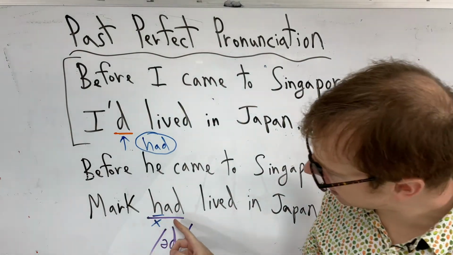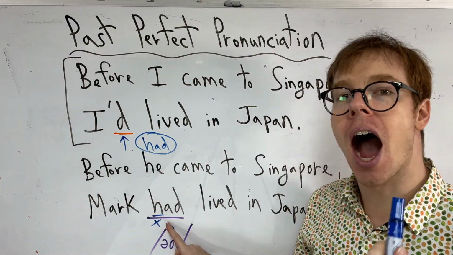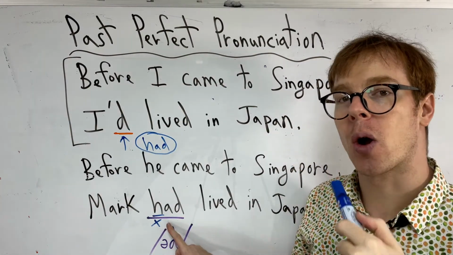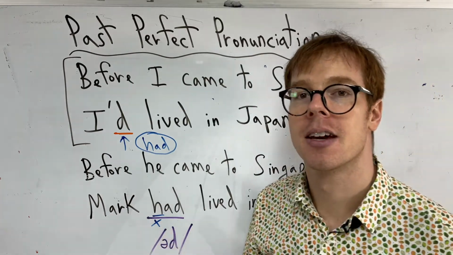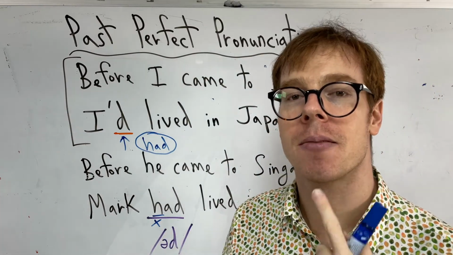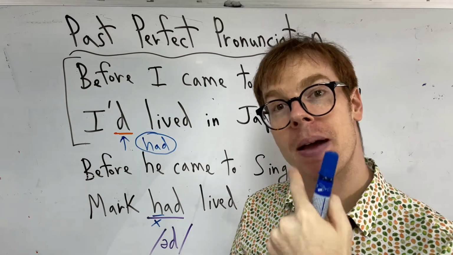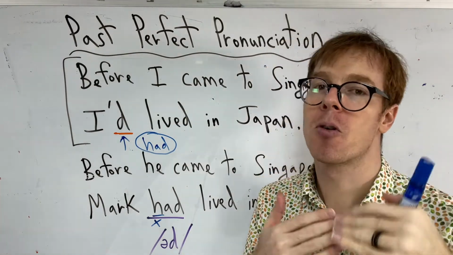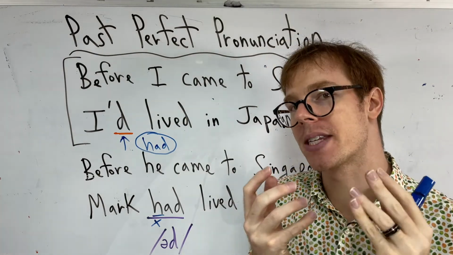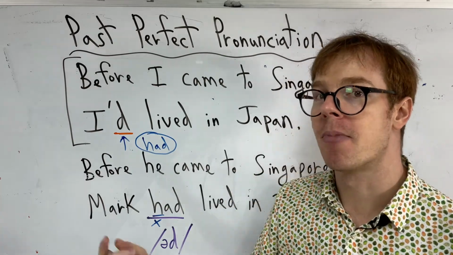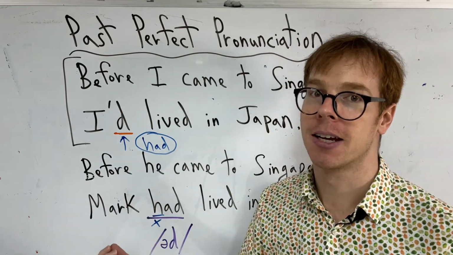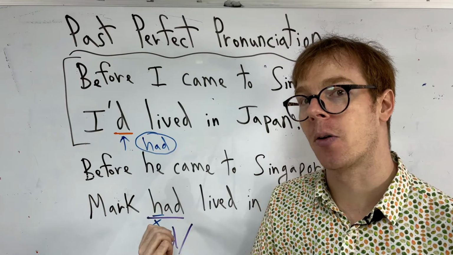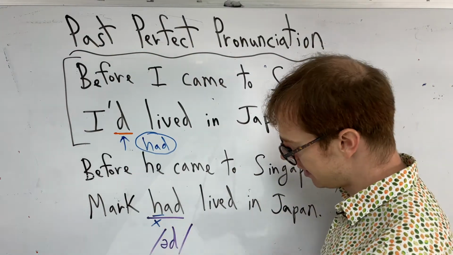Because when we speak English, making the H sound makes our mouth move like this. Mark had lived. My mouth has to open for me to make that sound. So it's actually too slow. To speed up this sound, I don't say the H.